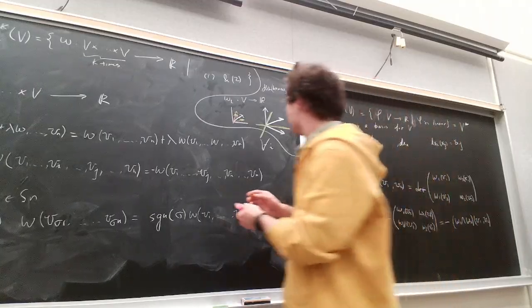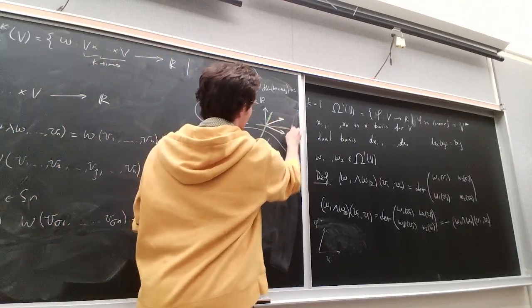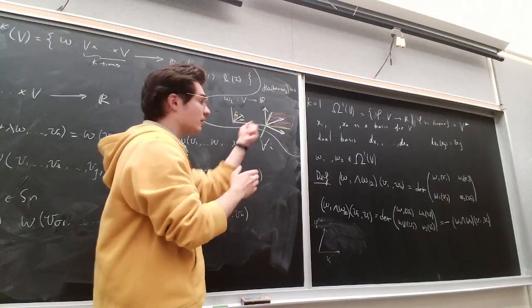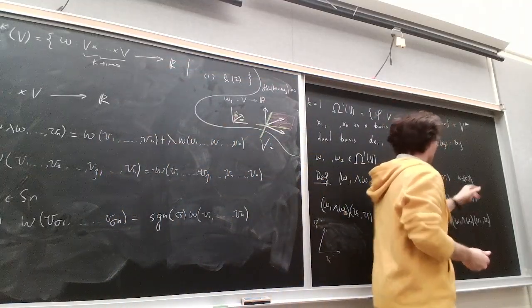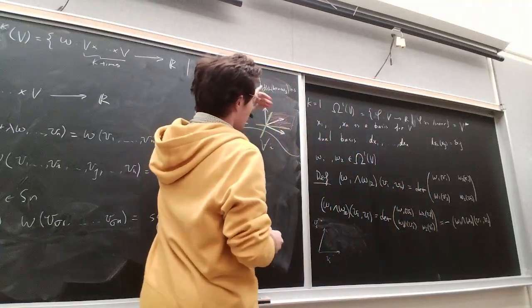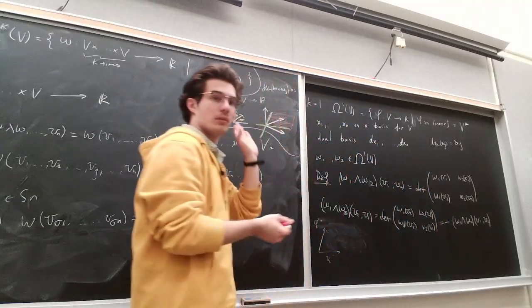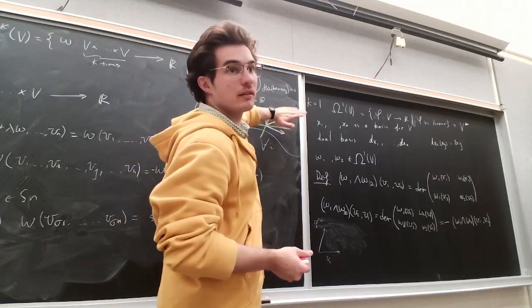So roughly you can think of this as projecting the vectors onto this plane: I project v1 onto this plane, I project v2 onto this plane, and then I compute the volume of the parallelogram made by these vectors in this plane.